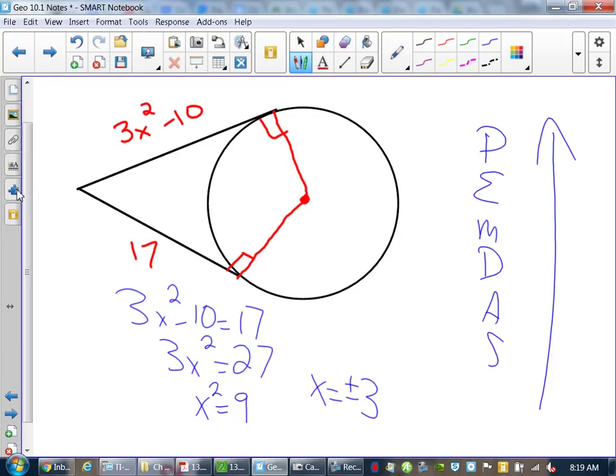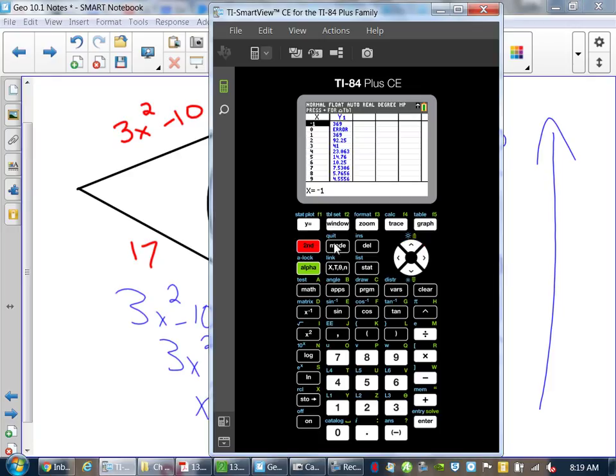You guys remember how to put in a negative 3 in your calculator if you're going to square it, right? Put parentheses around it. If you don't put parentheses around it, you're going to be wrong. Calculators aren't that smart, no matter what you may think. With negative 3 squared, the calculator is taking 3 squared and multiplying it by negative 1.